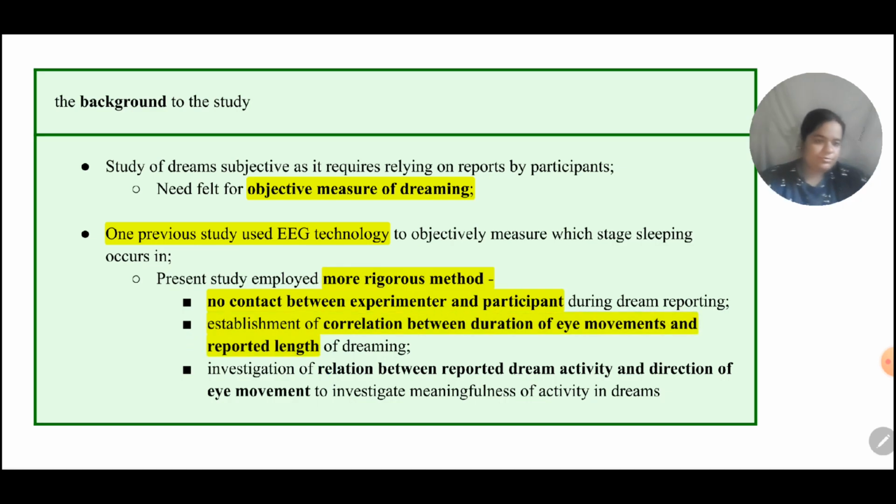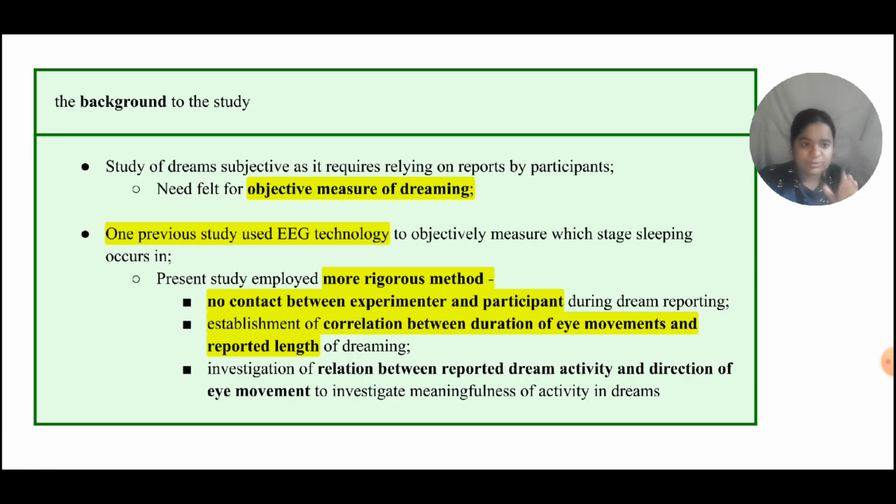Secondly, they wanted to know as much about dreaming as possible with the EEG machine. They wanted to completely omit the need for subjective reports of dreams from psychology. So for that, they not only wanted to use the EEG machine to find out when a person is dreaming. Okay, the EEG machine shows he's in the REM stage of sleep, so he must be dreaming. That's not all that they wanted. They also wanted to know for how long the person is in the REM stage of sleep, because for that much time only he's dreaming.